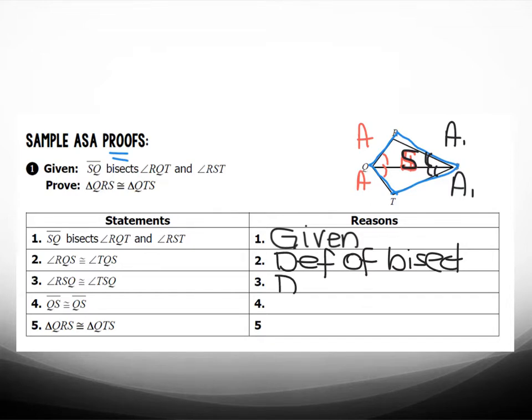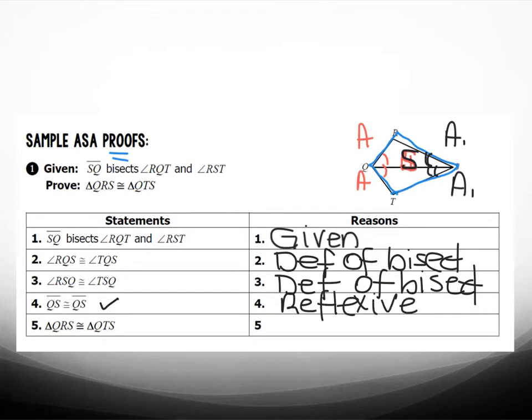Same with number 3, those angles are congruent because of the definition of bisect. The segment split it into 2 congruent parts. What happens when we have QS is equal to itself? Remember from the last section, this is the reflexive property.